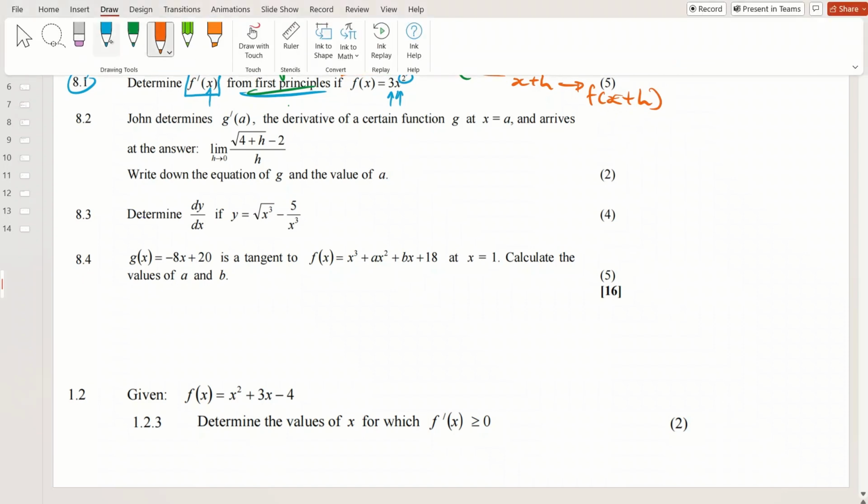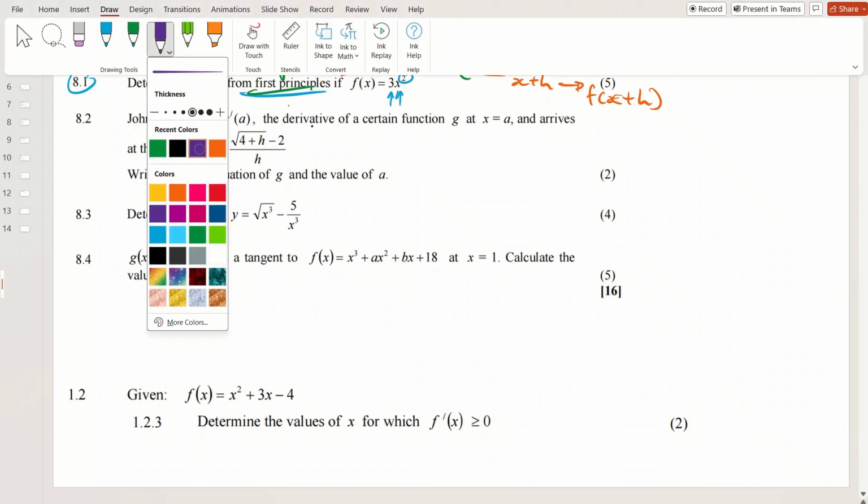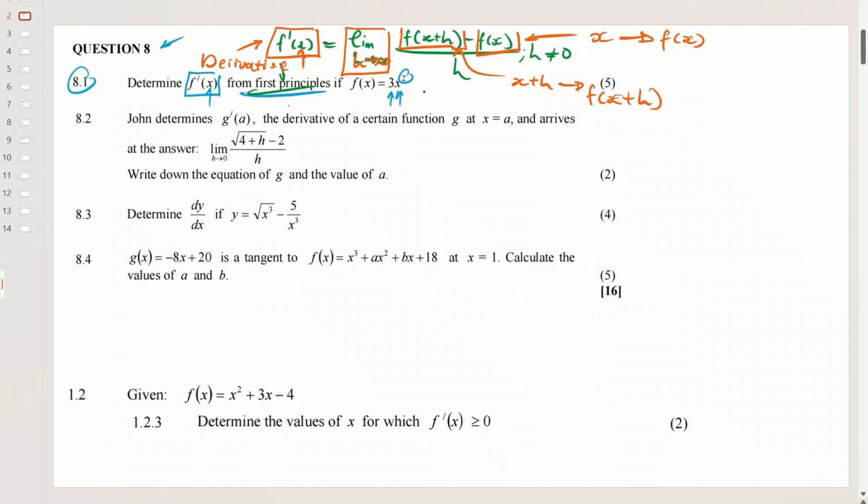So now this is what you have as your numerator there, your f at x plus h minus f of x. That's the average rate of change over a small interval. Think of your numerator there as you wanting to determine the gradient of a straight line.